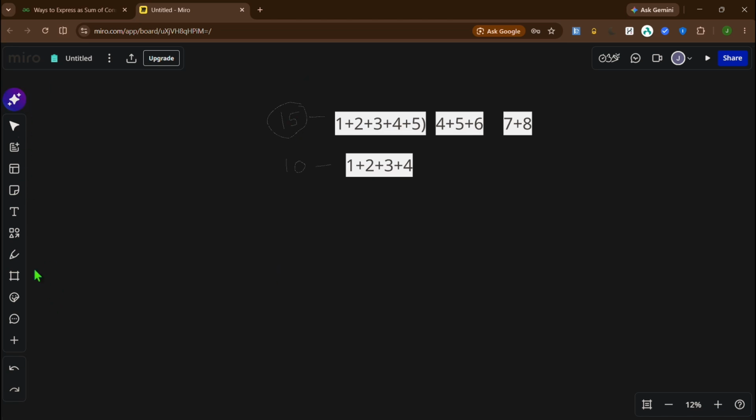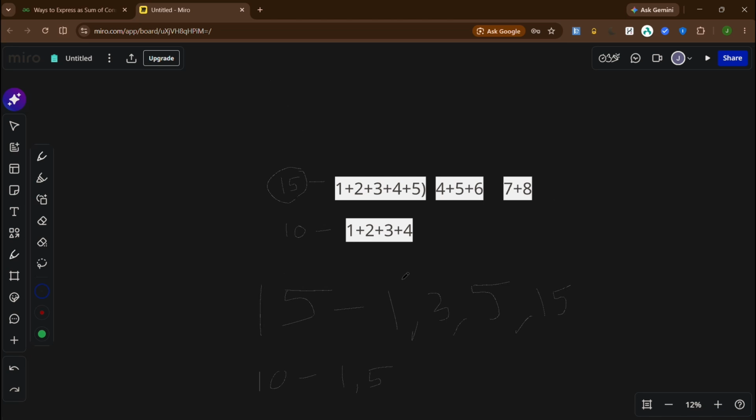For example, for 15, 1 is an odd factor, 3 is an odd factor, 5 is an odd factor, and 15 itself is an odd factor. For 10, 1 is an odd factor and 5 is an odd factor. Note, we will only include odd factors and not even factors.